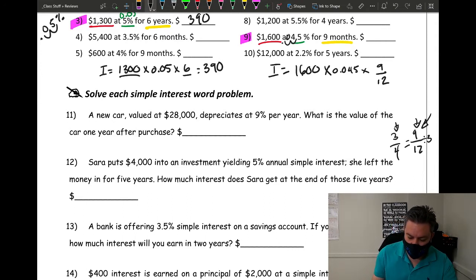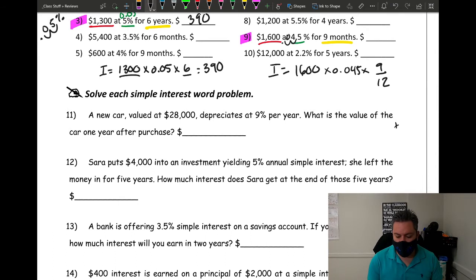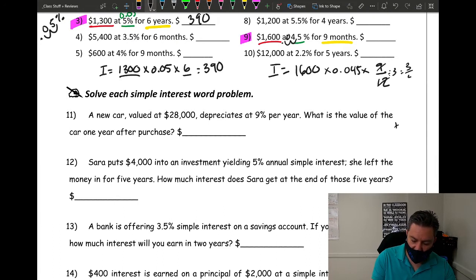So all you have to do, you can either multiply this as fractions. Once we have it in the format of years, 9 over 12, 9 months out of the 12, we can simplify this if we want to by dividing by 3, and that gives us 3/4. Now we can go ahead and multiply everything. We can multiply as fractions.